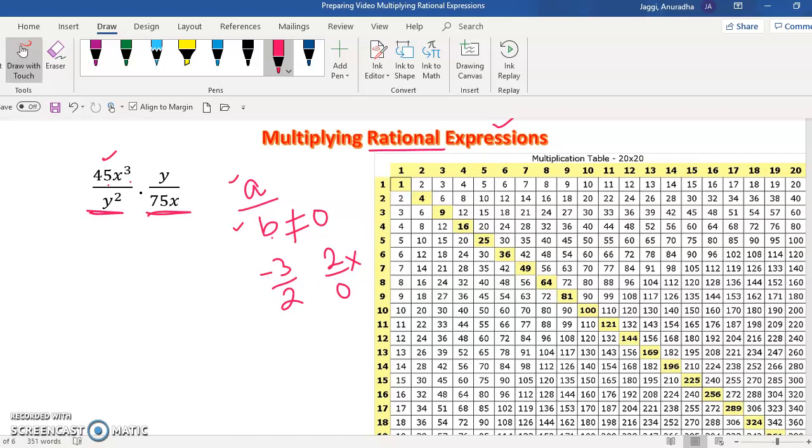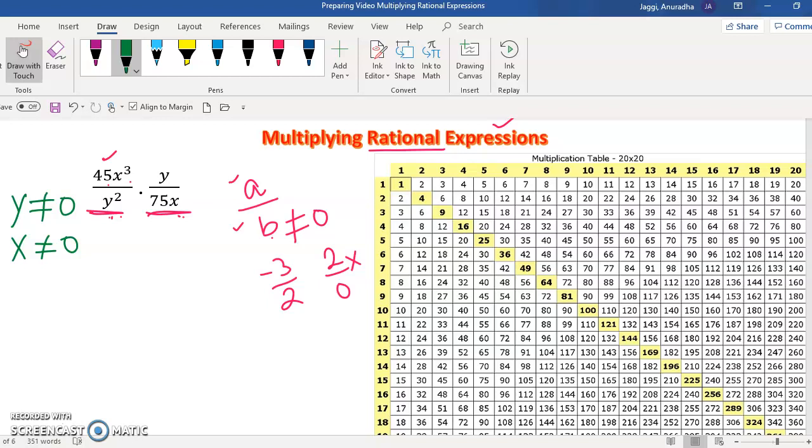So we have to put restrictions on everything that is making the denominator 0. If y is equal to 0, the denominator becomes 0. Here, if x is equal to 0, the denominator becomes equal to 0. So let's put those restrictions: in this rational expression, y cannot be equal to 0 and x cannot be equal to 0, because these two will make the rational expression undefined.